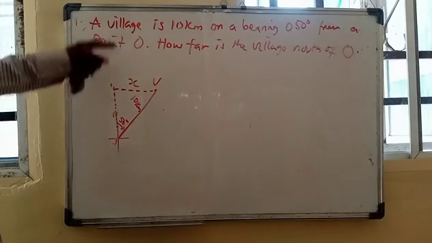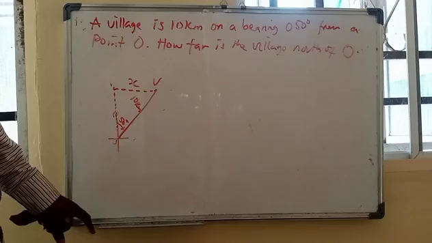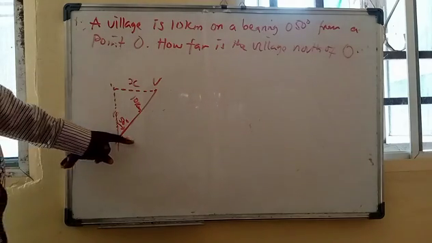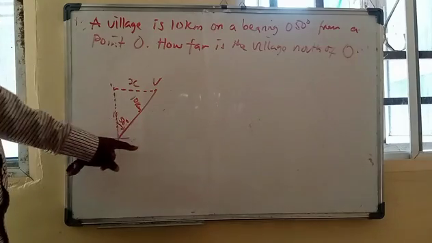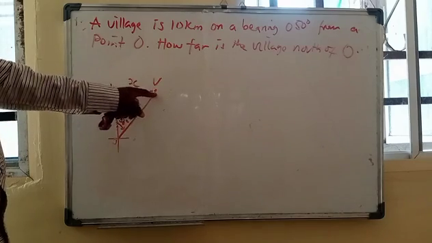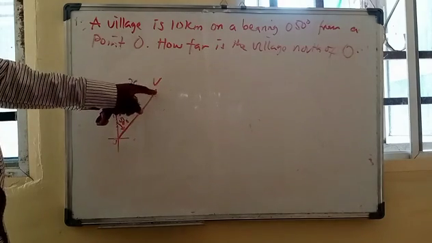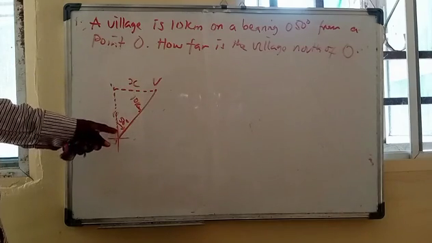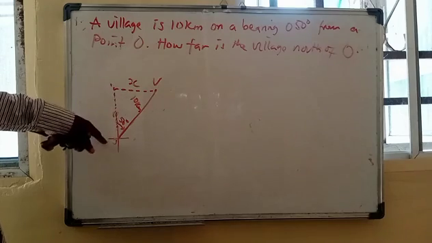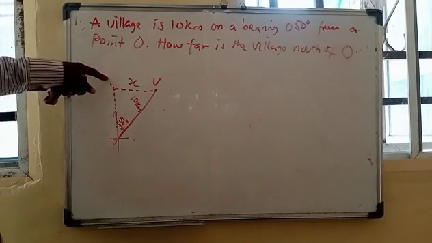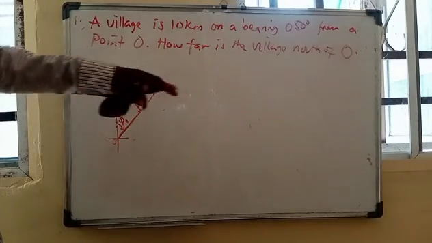Take note, if it is said east of O, you project the eastern line, then the line connecting that eastern line and the position of the village. Then north of O, you extend the northern line of O, then the line connecting the two, that is the horizontal line.